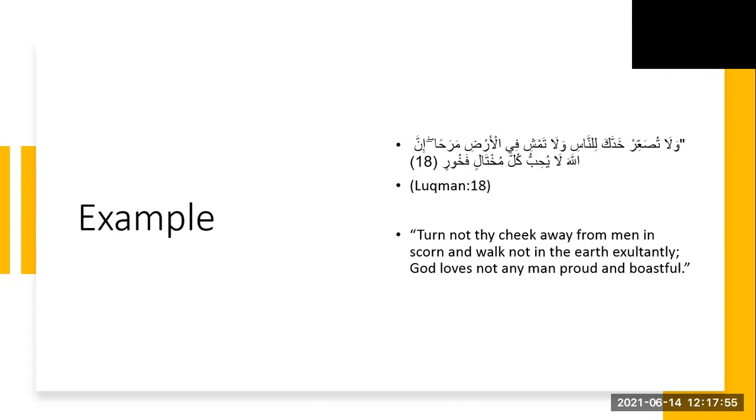Turn not thy cheek away from men in scorn. تم إضافة in scorn لتوضيح معنى تصعر، لتوضيح معنى كمان النهي عن ذلك الفعل. This is the meaning of addition. فلما بيحصل addition, you are not inventing a new text. No, you are communicating the meaning to the target reader by adding a word. توصل نفس المعنى.